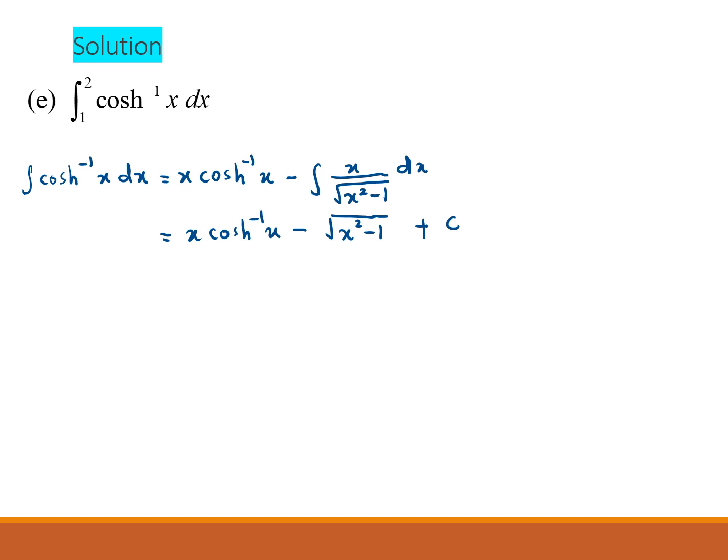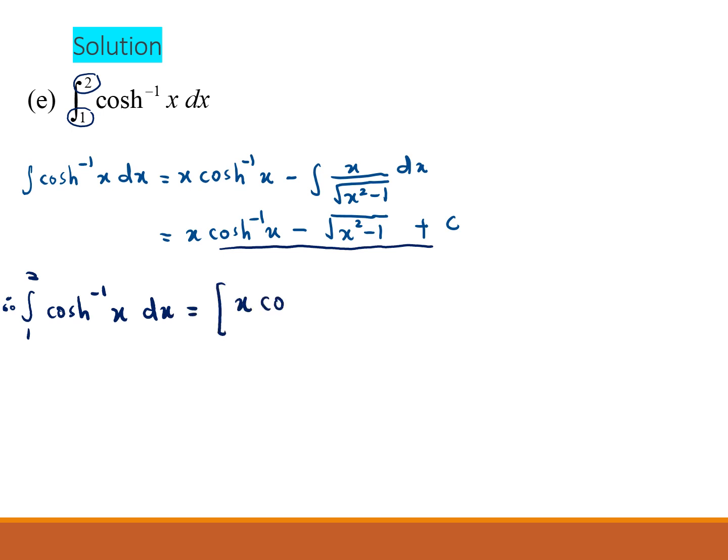So the integral of inverse cosh x dx is equal to this. The last step is to substitute the interval of 1 and 2 into x. So I will rewrite this: the integral of inverse cosh of x dx is equal to x times the inverse cosh of x minus the square root of x squared minus 1, by the interval from 1 to 2.